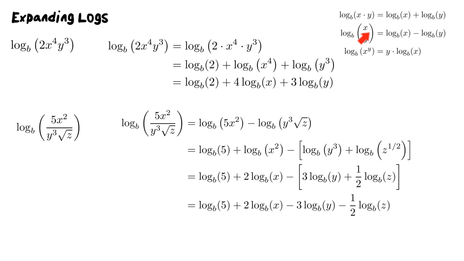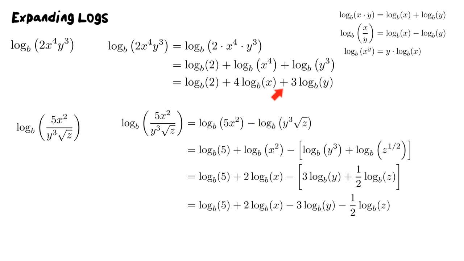When I take the log of a division, that turns into the difference, a subtraction of the two logs: log of top minus log of bottom. So when I split this big fraction apart using the division rule, it becomes log base b of 5x squared, the top, minus log base b of y cubed square root of z, the bottom. First I think of it as a division, then I split it apart as a subtraction.